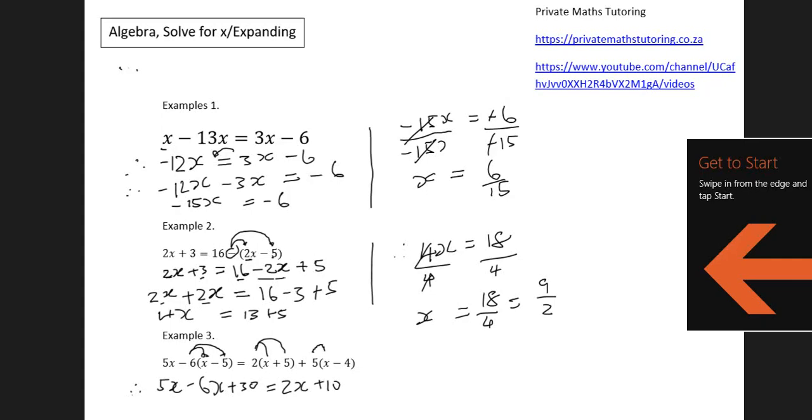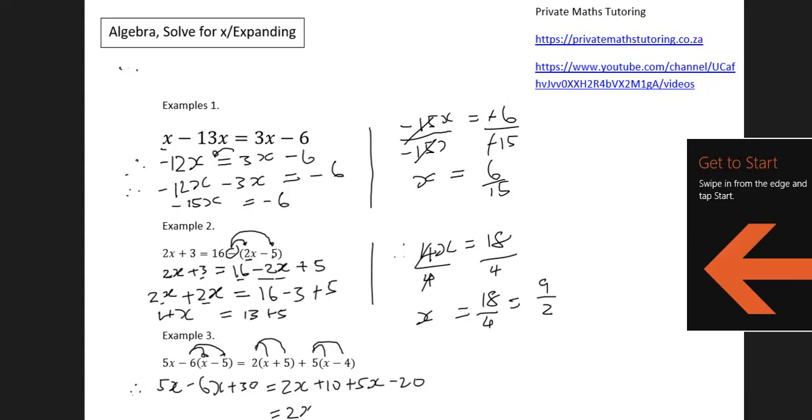We're doing the same thing here, we're expanding, so we will be getting plus 5x minus 20. Let's take all the terms that are with x to the right hand side, so we're looking at the terms that are common.